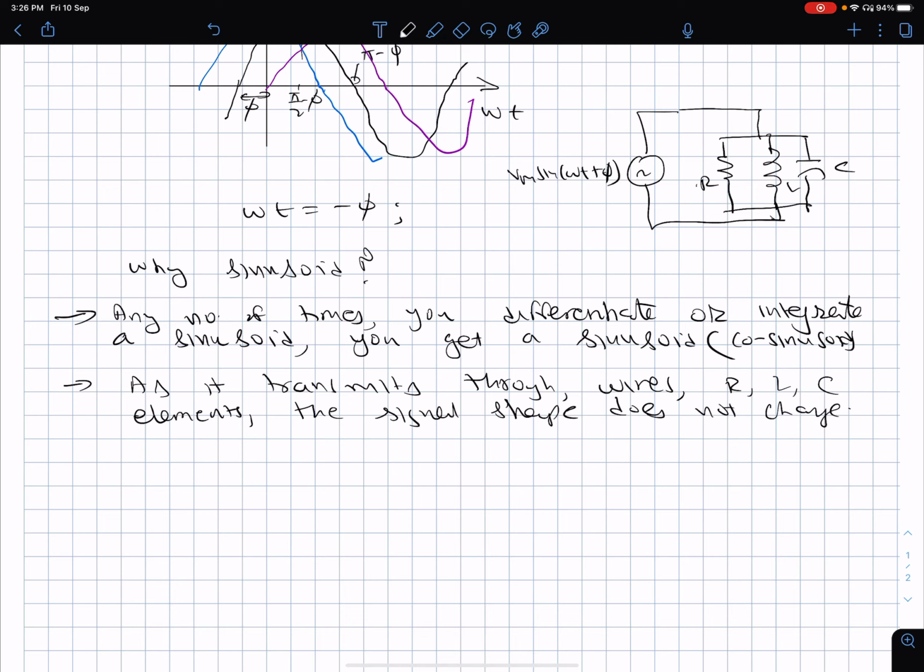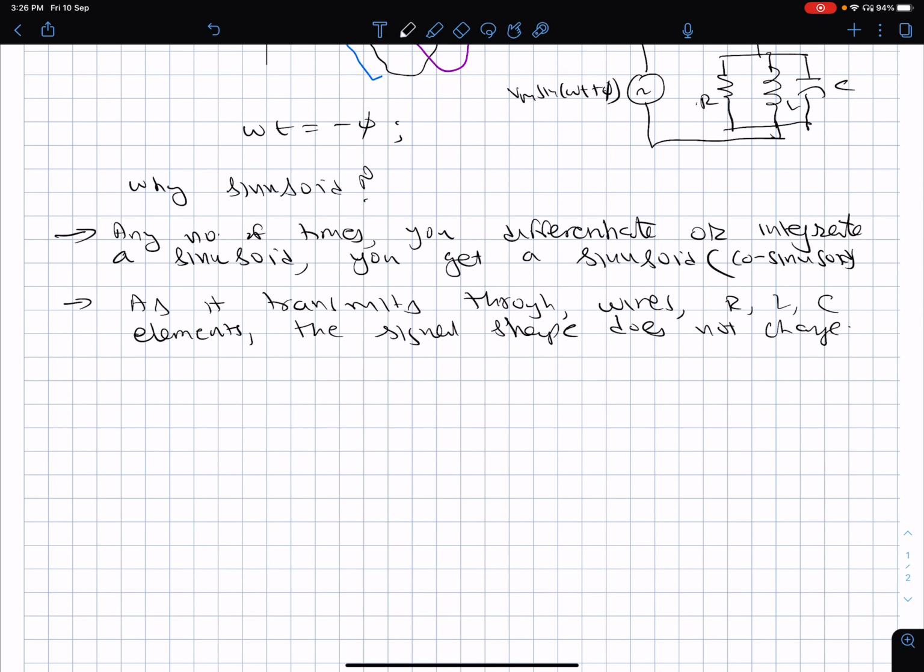This is important. For example, suppose the voltage across an inductor is L di by dt. Now let's say that i is equal to Im sine of omega t, the sinusoid. Now what happens to v of t when you substitute it here?